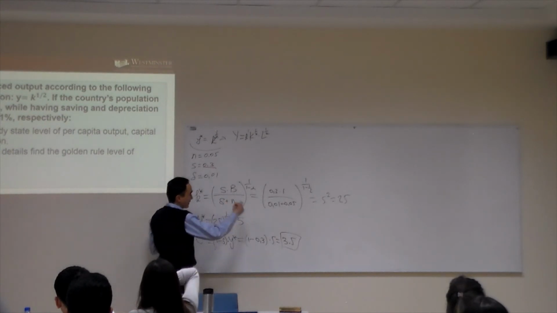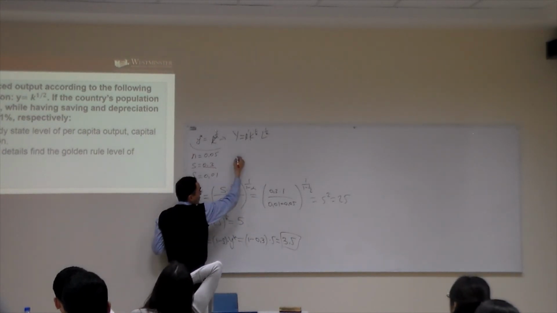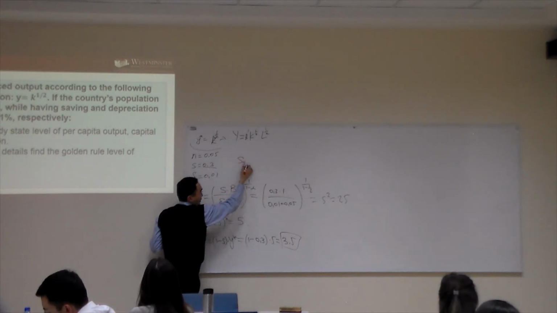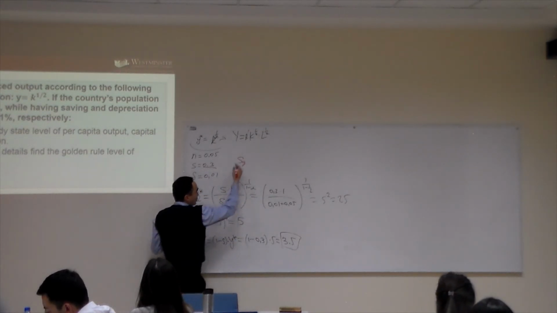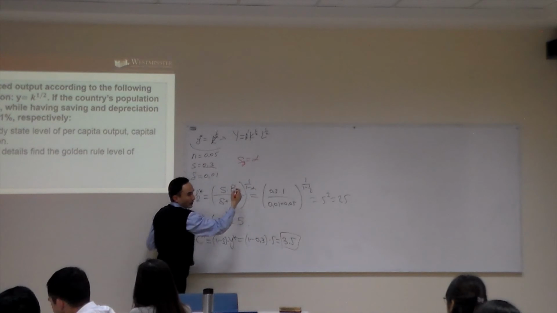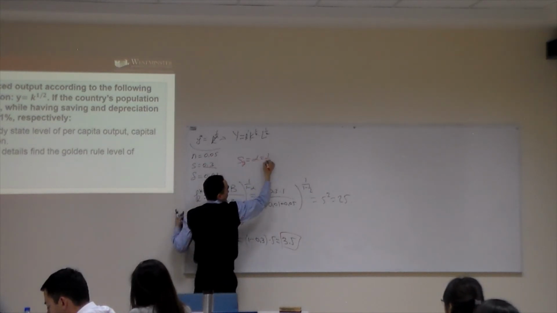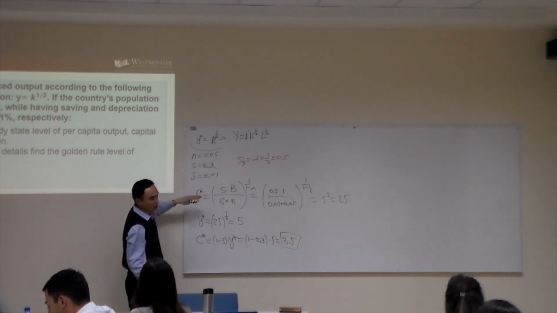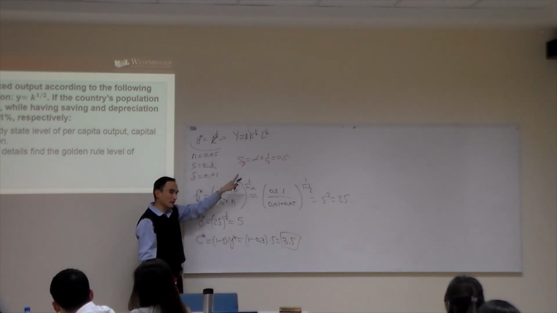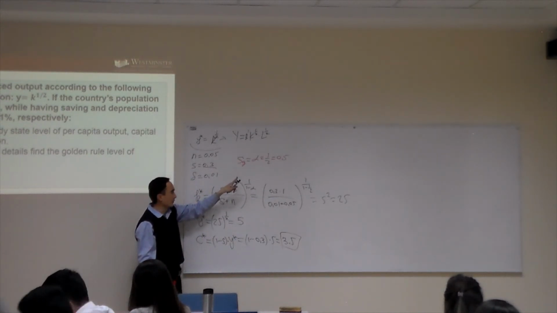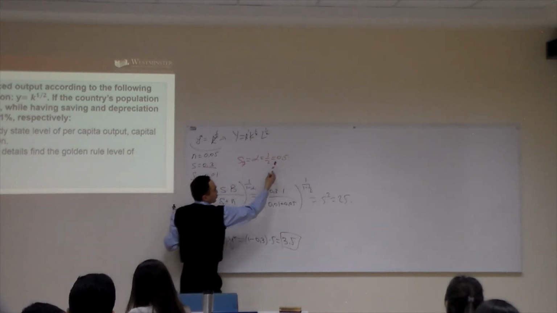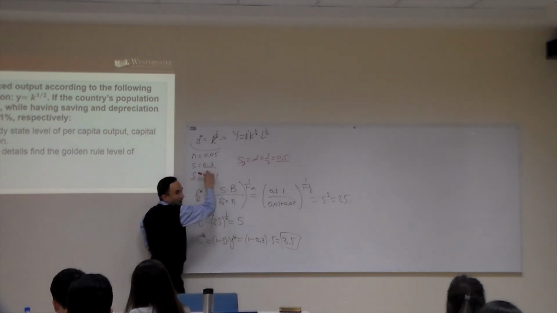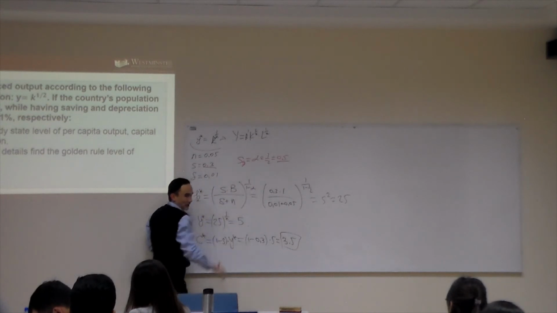To reach the golden level, our saving rate should be at the golden level, which should be equal to alpha, which is 1 over 2, or 0.5. To reach golden rule level of consumption, this economy should increase its saving. It should be 50%.